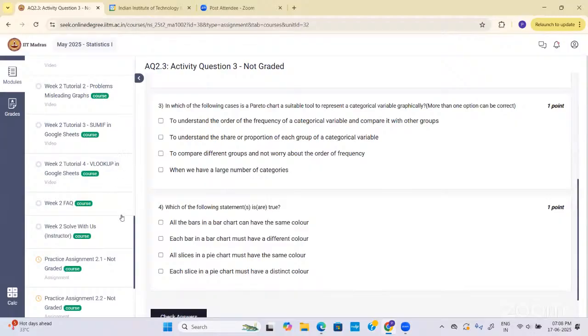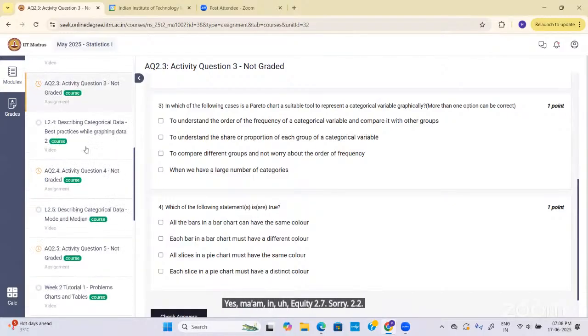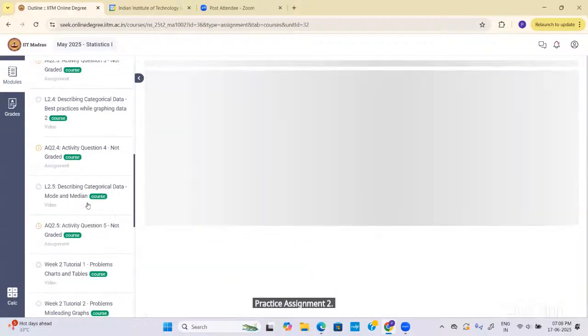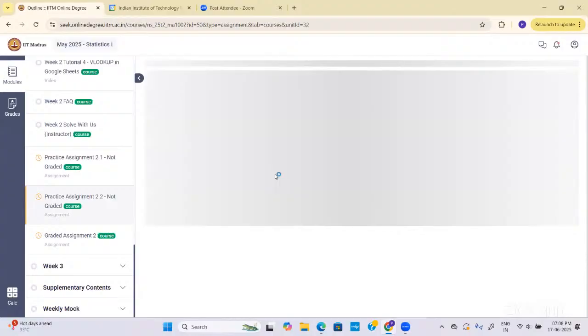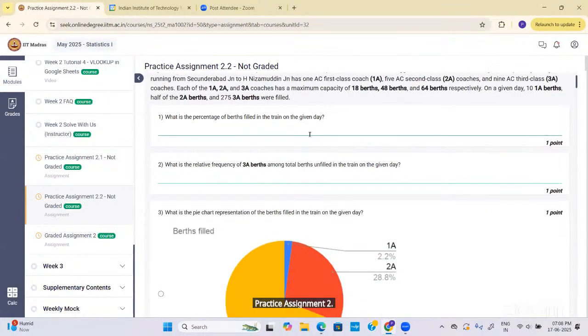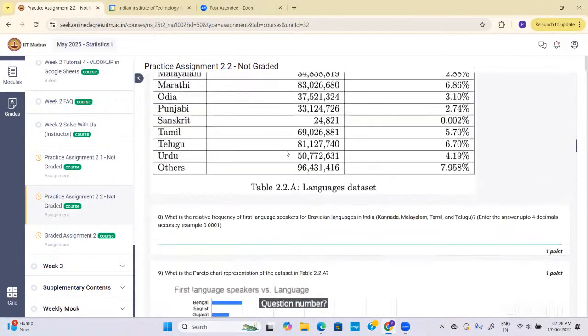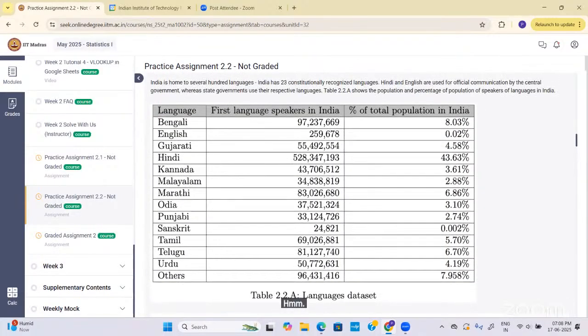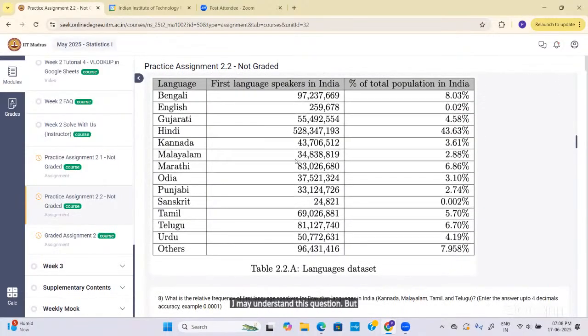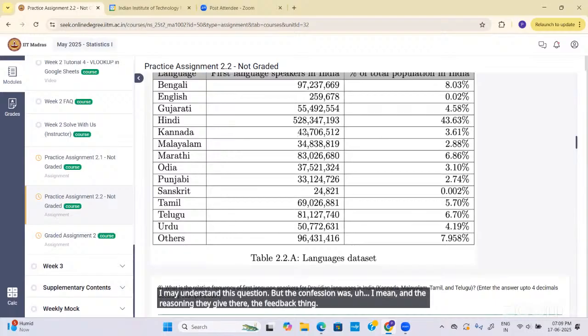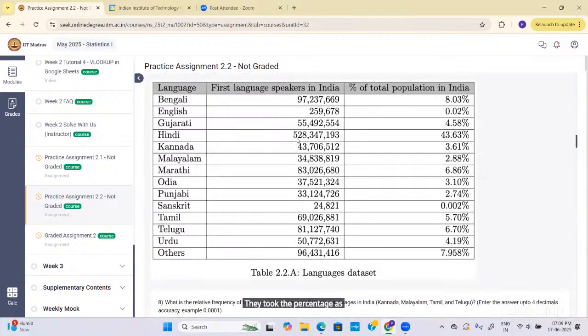Yes, anyone else? Yes, ma'am. In practice assignment 2.2, question number 8, I understand the question, but the reasoning they give in the feedback, they took the percentage as the relative frequency.